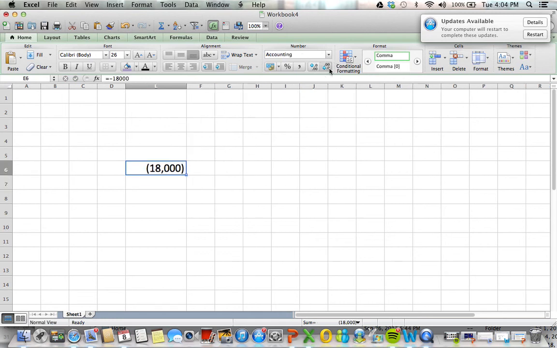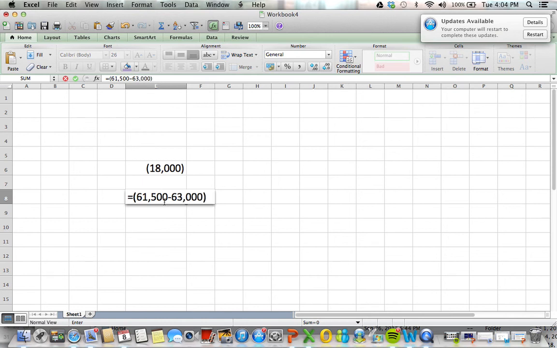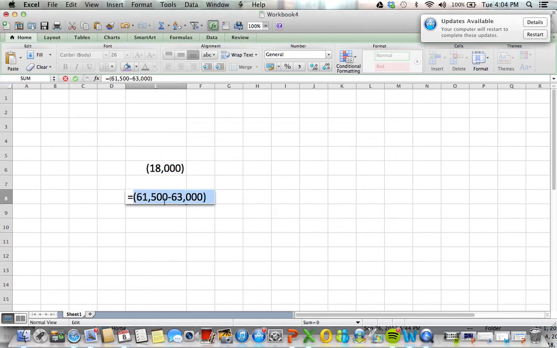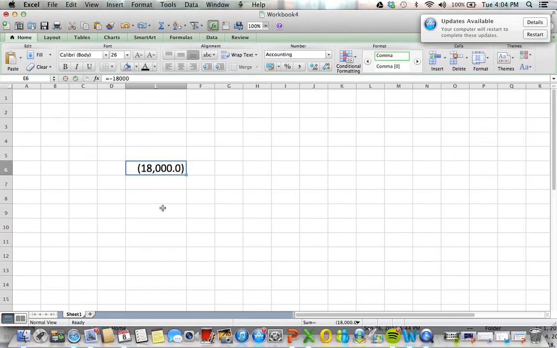It's going to be the 61,500 minus the 63,000. The idea is that we have this, and this is going to be x, what we're solving for.